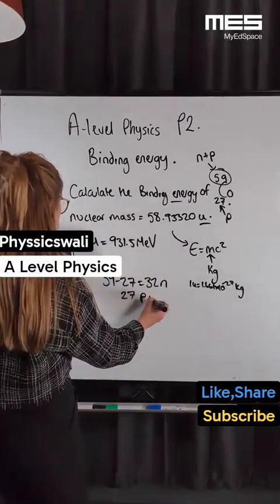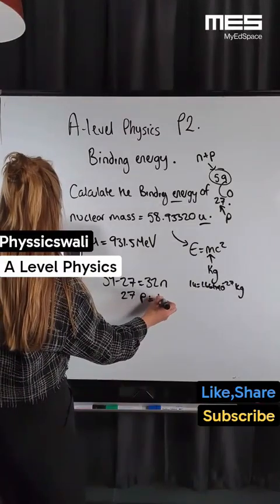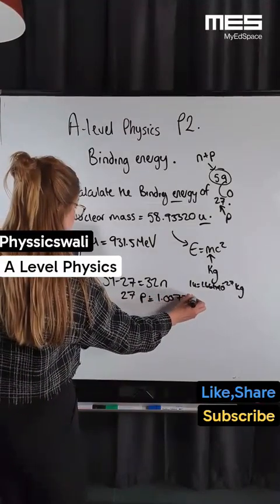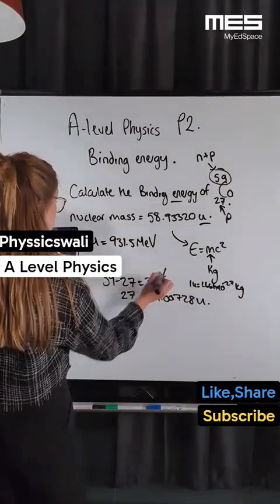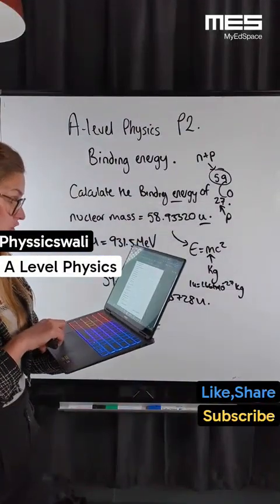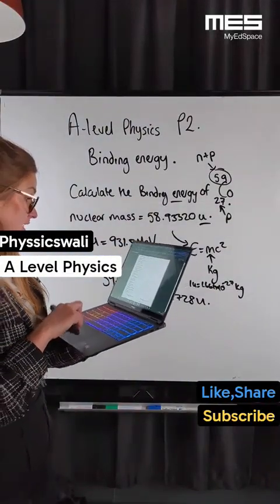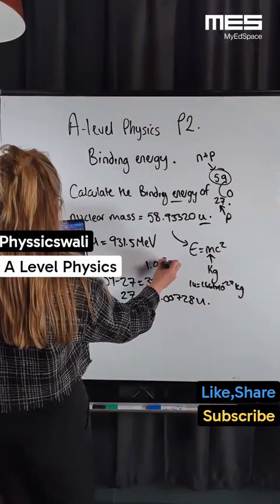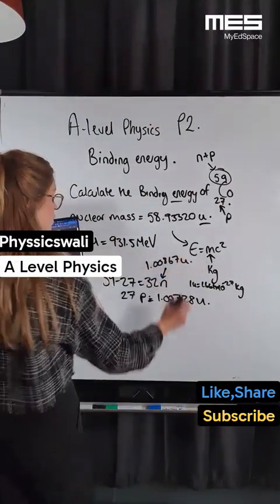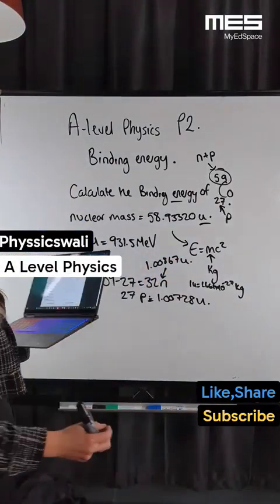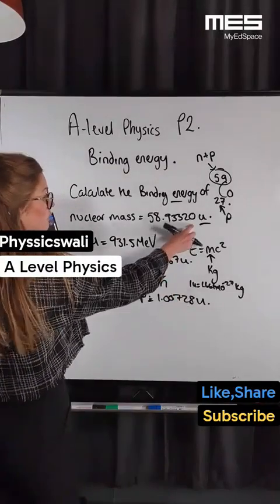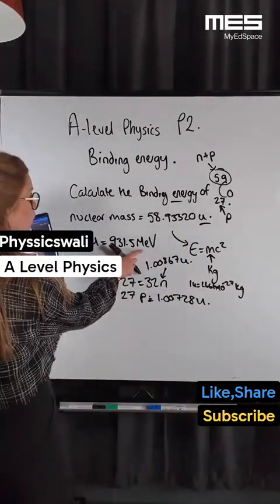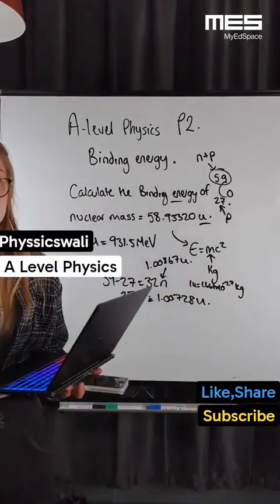A proton has a mass on my formula sheet of 1.00728 U. And a neutron has a mass of 1.00867 U. You can see how that makes my life easier, because I'm going to keep this all in U, find the difference in the mass, and then I know what 1 U is in energy. So that's what I'm going to do.